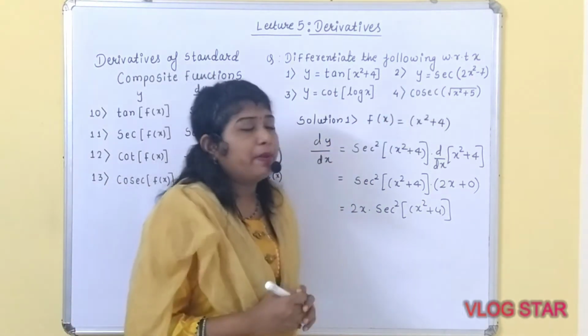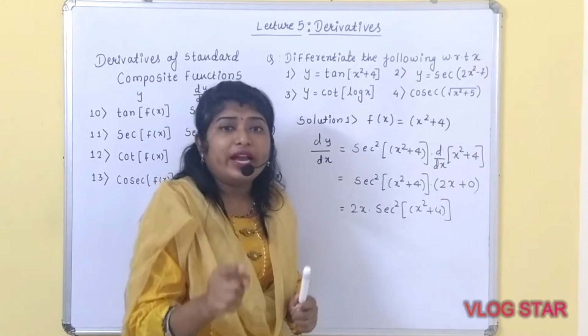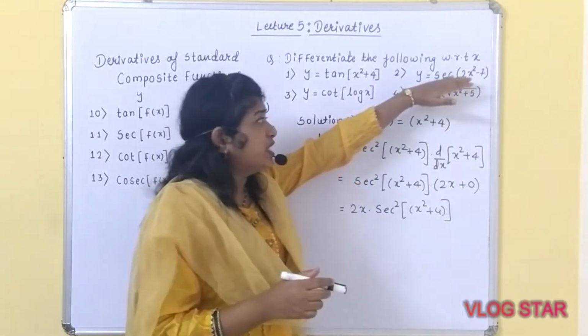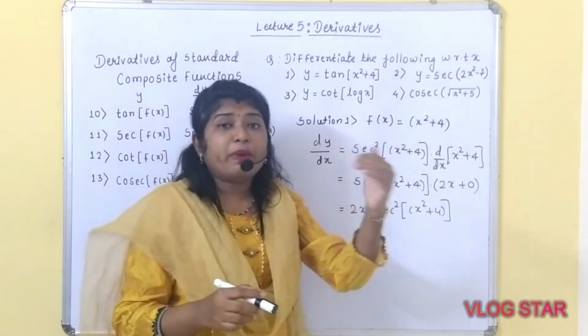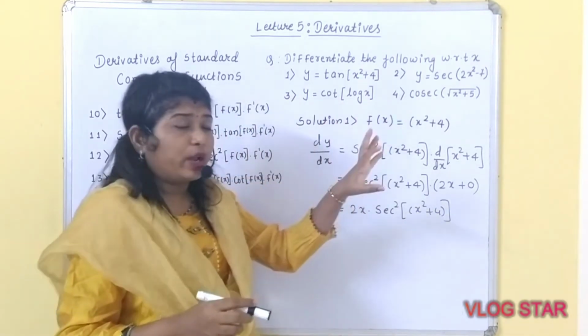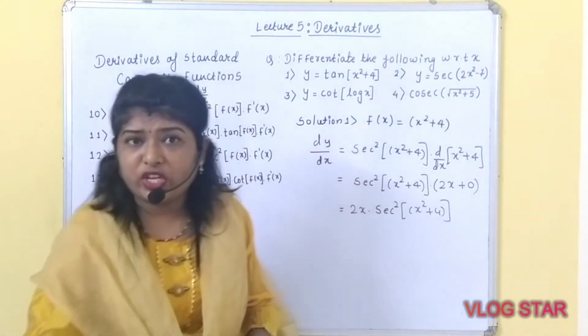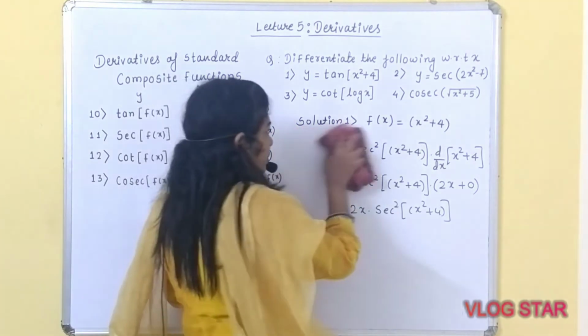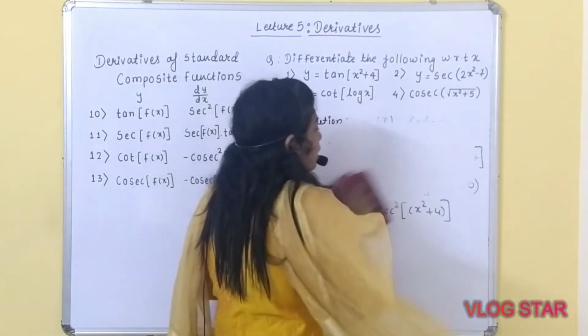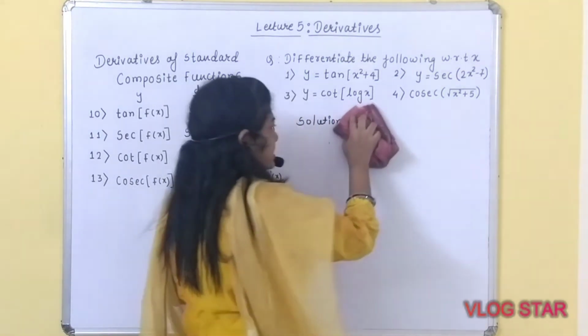What is given in example number 2? You have to find the derivative of this function with respect to x. Then you need to check what f of x is in the given question. If you observe carefully, f of x is 2x square minus 7.